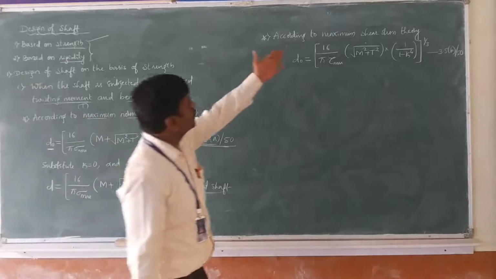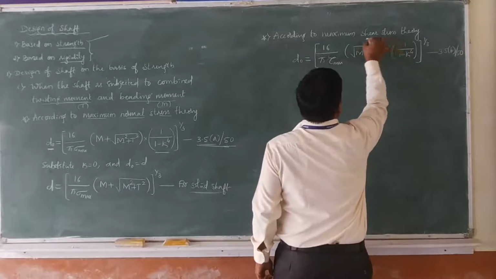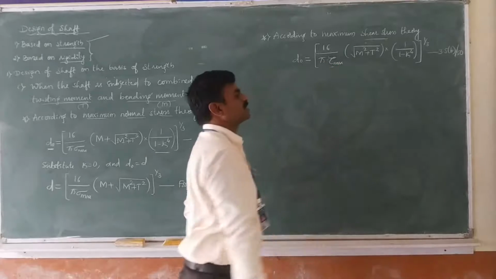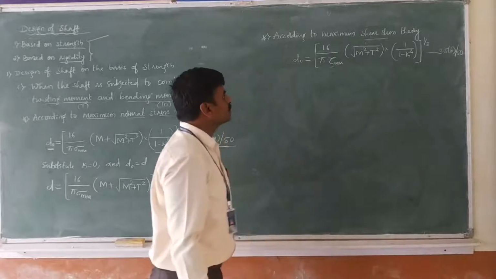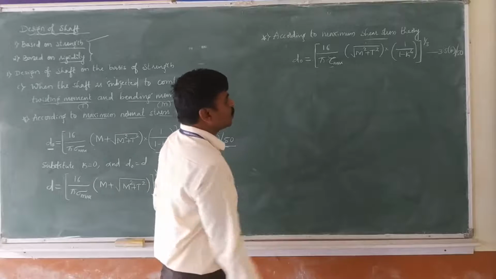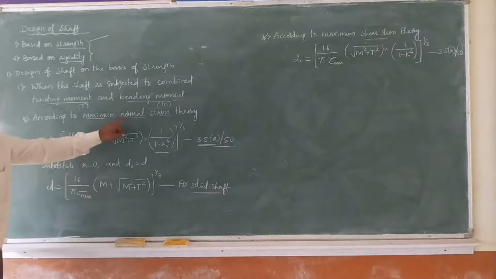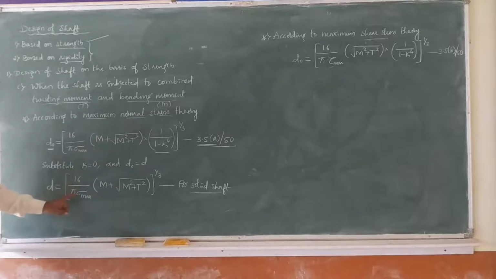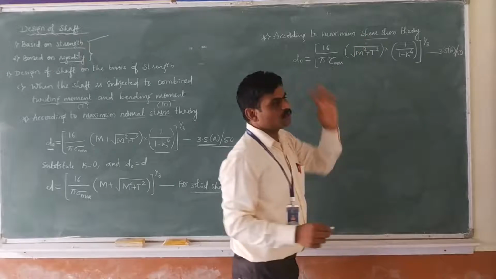Now according to maximum shear stress theory, shear stress will come here. According to that theory, D naught is equal to 16 divided by pi tau max. In the maximum normal stress theory sigma comes, and in the shear stress theory tau will come.